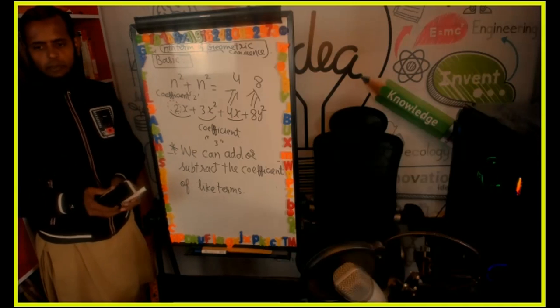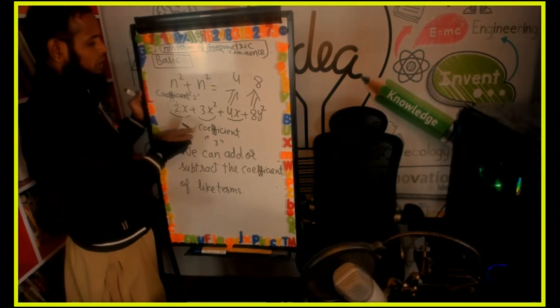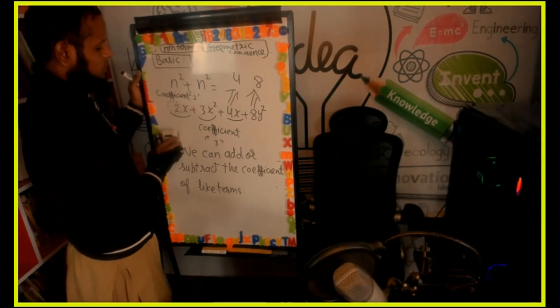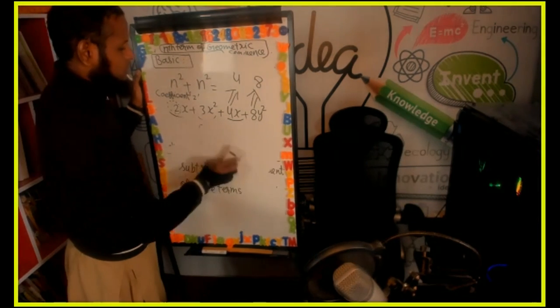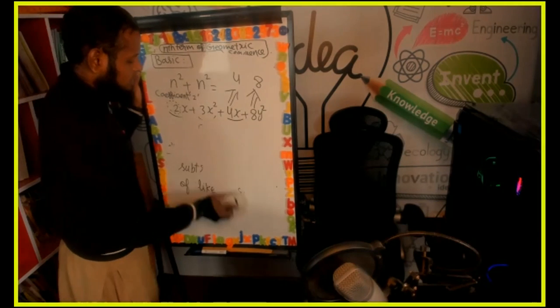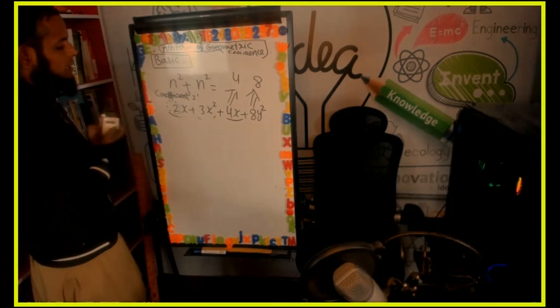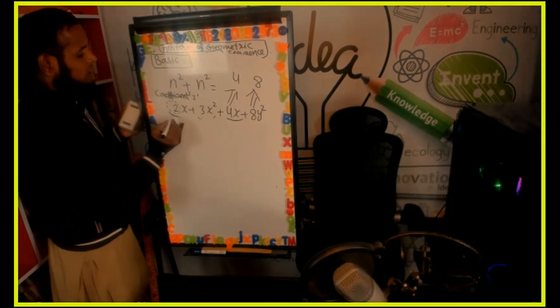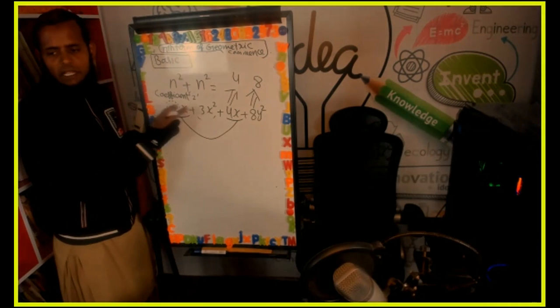Now we solve this. See here, we can make one term. These are two terms. We add their coefficients.